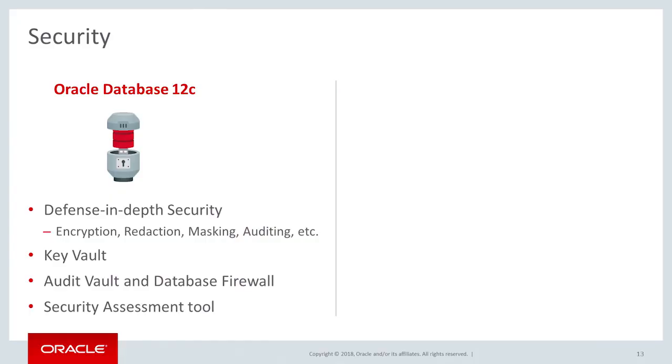And one of the key things that we introduced most recently to help customers better assess their overall enterprise security is what we call a security assessment tool. So this helps them to understand where the potential points of failure are and what they can do to address those. And once again, with 18c, we enhanced the database's security capability.